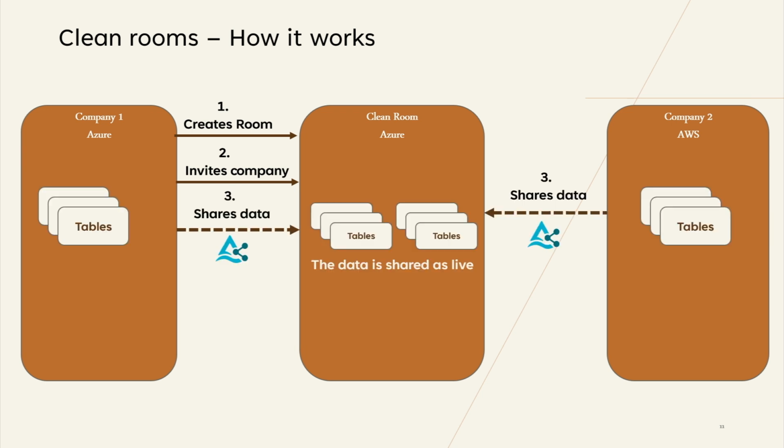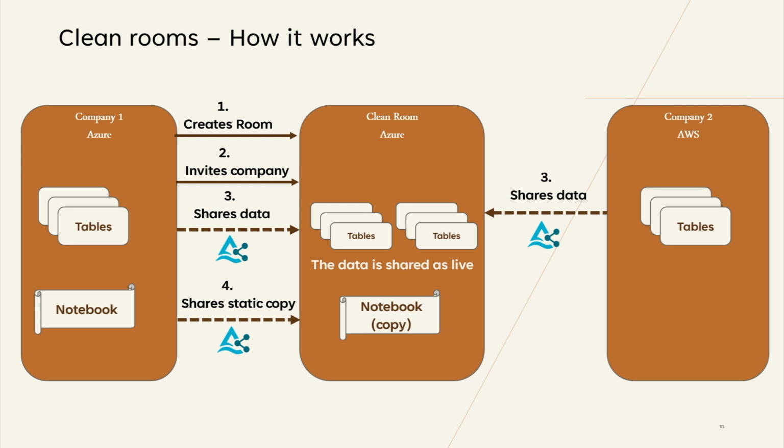The next step is that both of us can take our tables from Unity Catalog, the exact same way as I did in the previous demo, and we share the tables into the room. And here, the data is again shared live. So anything that happens to the data in the source will also happen in the clean room.